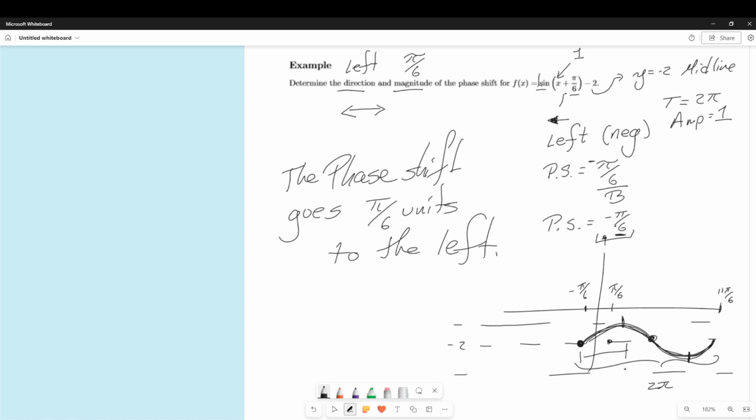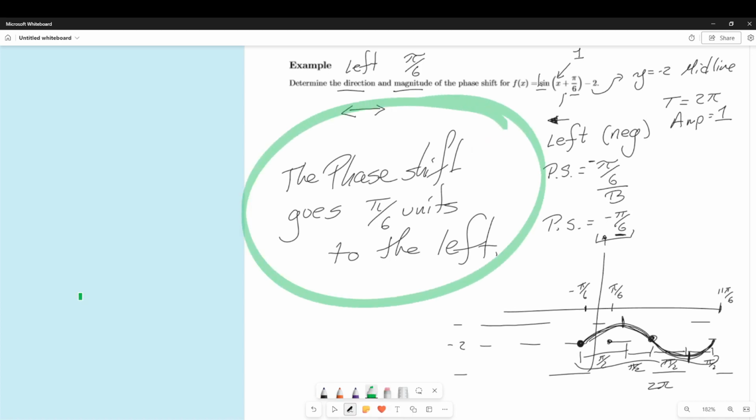A quarter of 2 pi is pi over 2, so that's going to be pi over 2, pi over 2, pi over 2, and pi over 2. So we could calculate each of those points, and we will later on. But I'm overdoing this question. This question just asked for the magnitude and direction of the phase shift, so that's it.